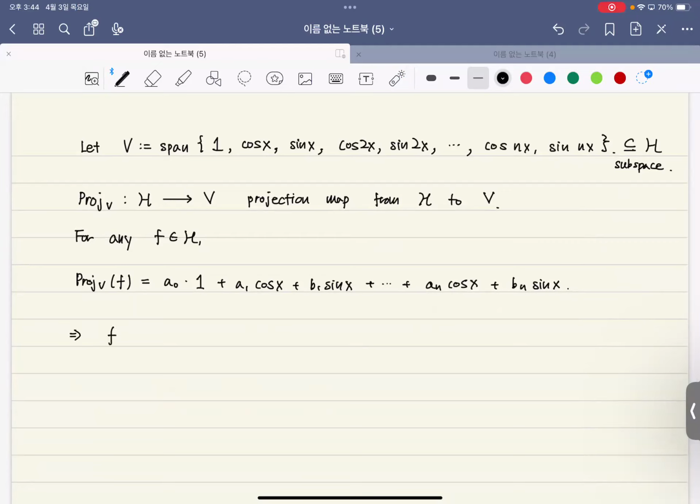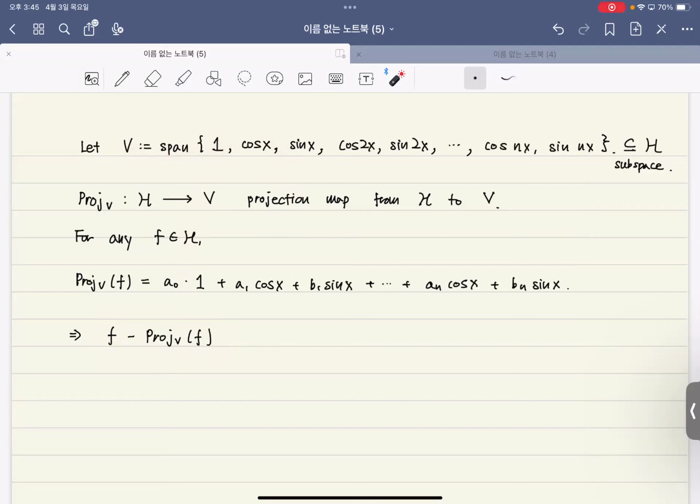The idea is this: this is my original vector f, and I subtract from it every single component that belongs to V. Then the remaining vector must be orthogonal to every basis vector of V. Why?